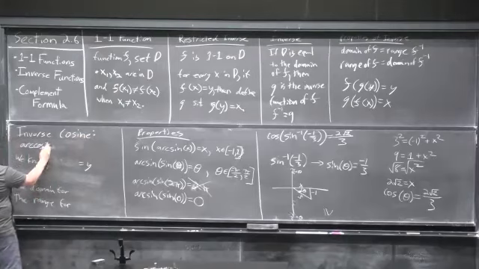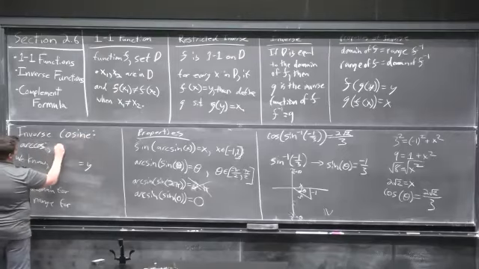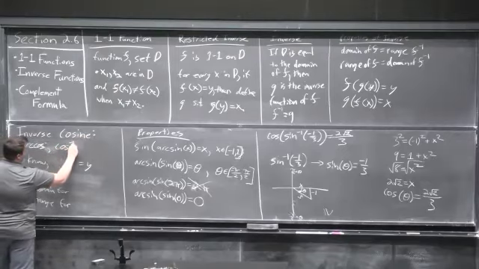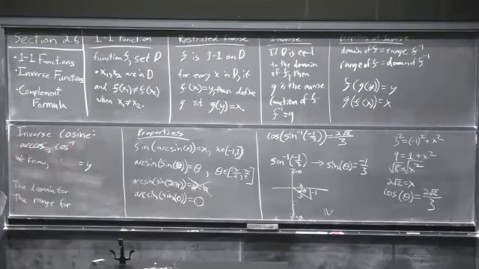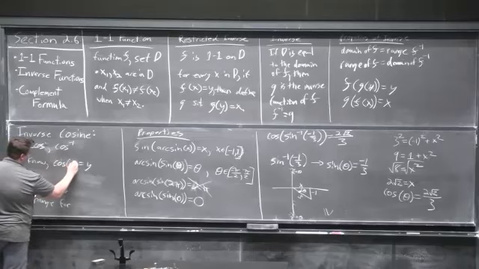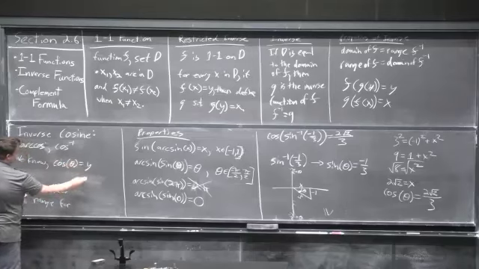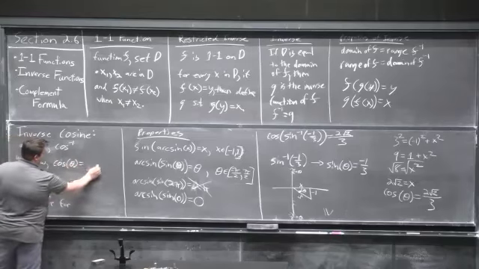Sometimes we'll abbreviate it to arc cos. We'll also put it as cosine inverse. And we know that cosine of some theta is equal to some x value.